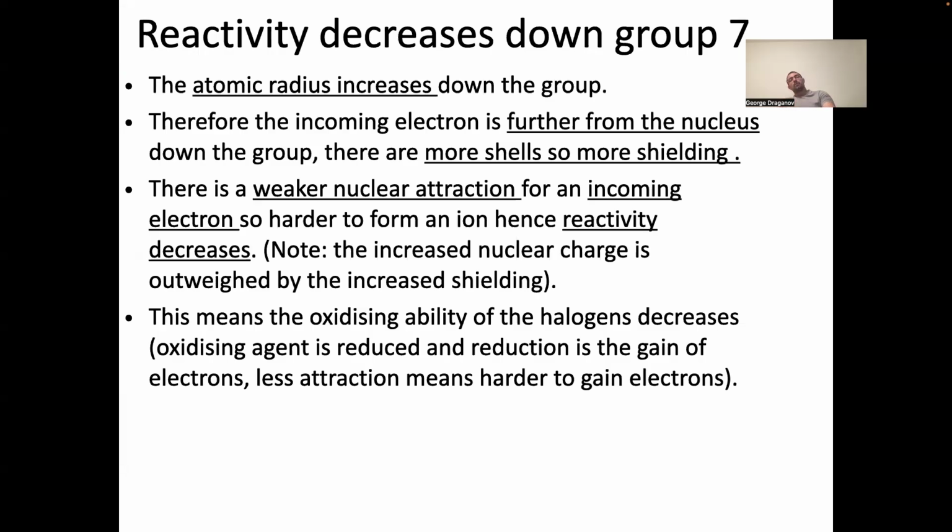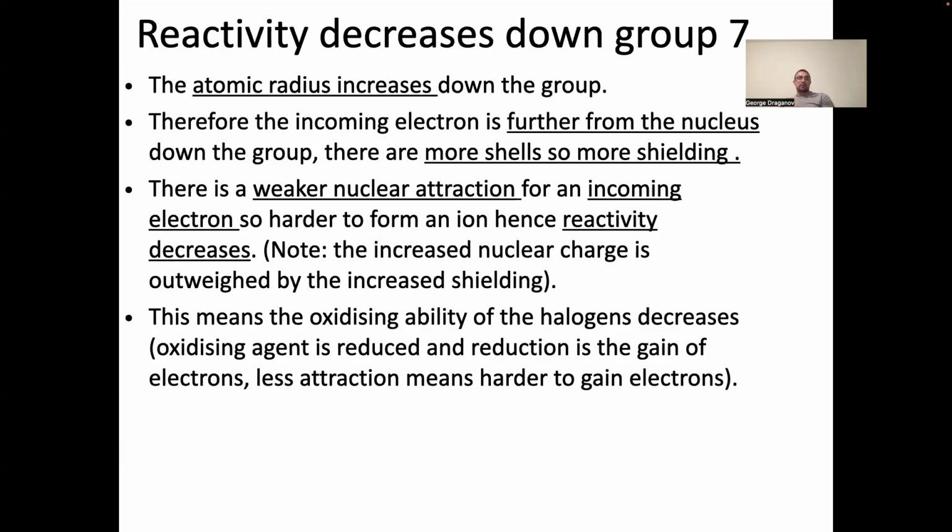Now, oxidizing ability of the halogens. So an oxidizing agent is one which makes you oxidize. So if I'm going to oxidize you, I'm going to remove your electron because oxidation is loss. So I'm taking your electron, so I myself am getting reduced. So it's a bit like opposites. Oxidizing agents are getting reduced. They're trying to gain an electron.